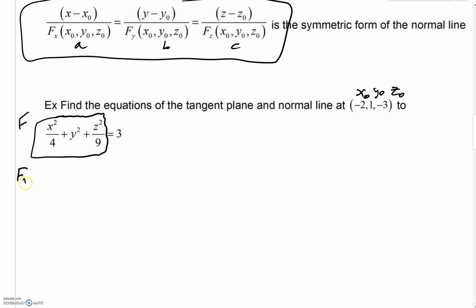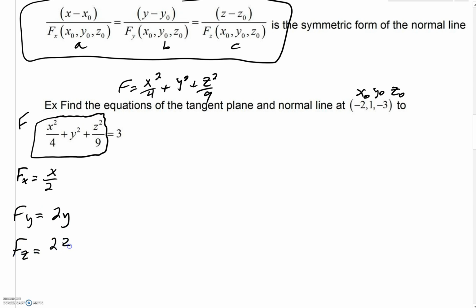So the derivative of f with respect to x, as we do that, bring down a 2, you get 2x over 4, that's x over 2. Everything else here is just going to be 0 as we're taking this derivative. Let's go ahead and take our derivative with respect to y. We'd get 2y. Our derivative with respect to z is 2z all over 9.